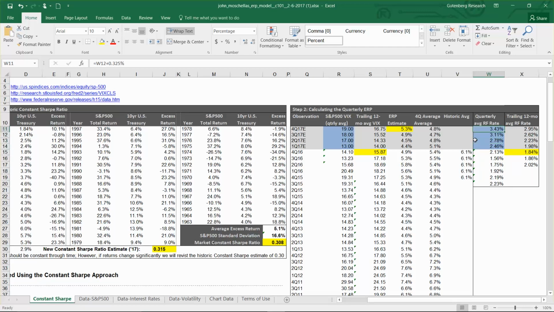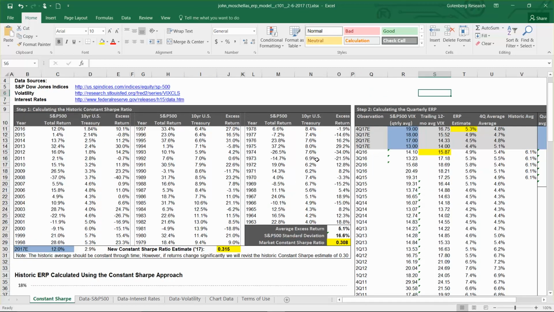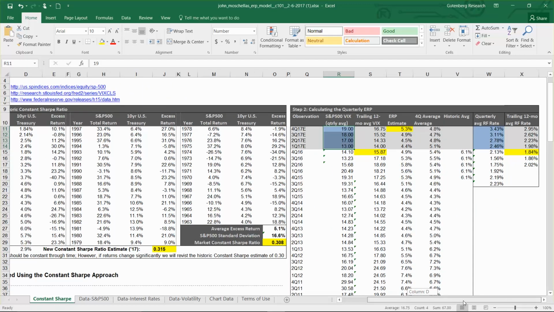So all you need to do if you want to come up with your own forecast for 2017 equity risk premium is change the S&P 500 total return expectations here in this cell, change the VIX assumptions in these 4 cells, and change the quarterly risk-free rate in these four cells.